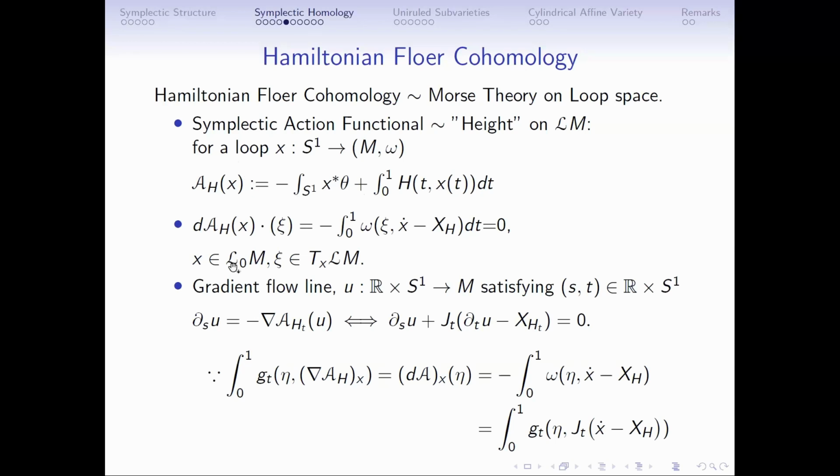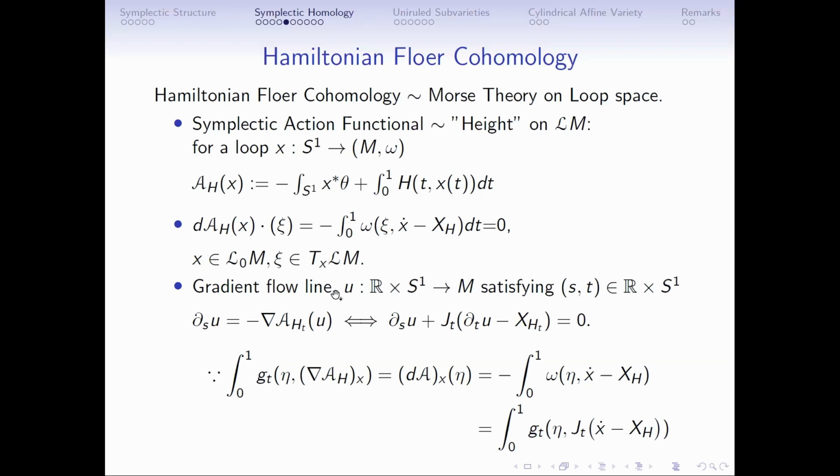And the critical elements, so this is calculus: we have a function and we differentiate, f prime is zero, and we find a local minimum, maximum. The critical elements are integral curves of the Hamiltonian vector field, so Hamiltonian orbits.